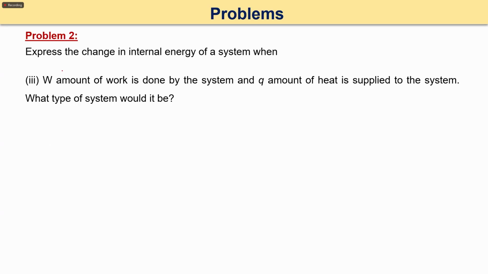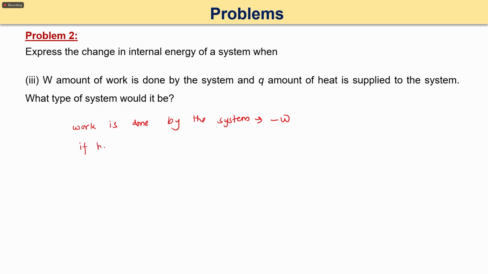Okay. So here they have asked to express the internal energy when W is the amount of work done by the system. So okay, if work is done by the system, then we will use negative, minus of W. Okay, and Q is the amount of heat supplied to the system.